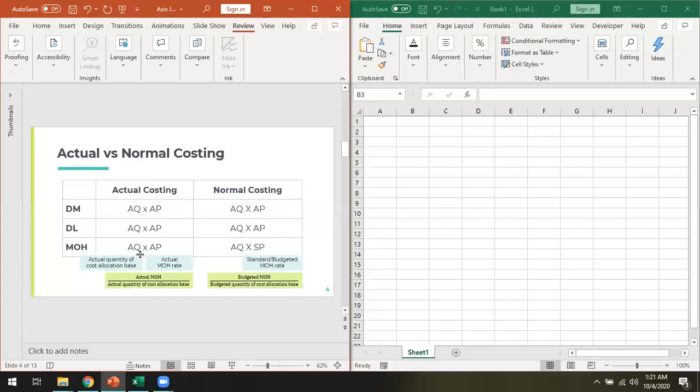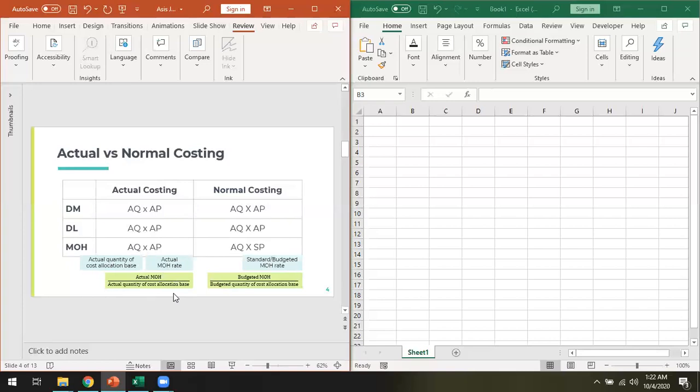So the AQ here is the actual quantity of the direct labor hours. As for AP, the actual price for manufacturing overhead is the actual manufacturing overhead rate. To calculate it, we divide the actual manufacturing overhead by the actual quantity of the cost allocation base.